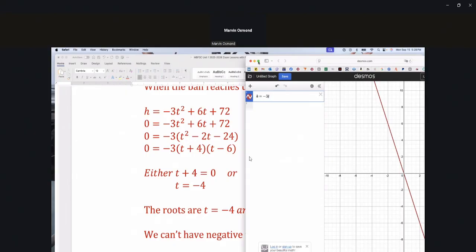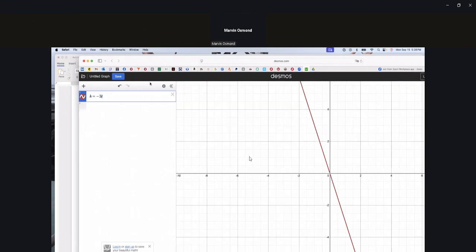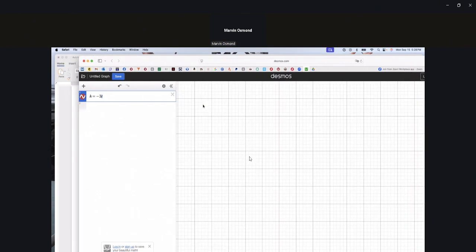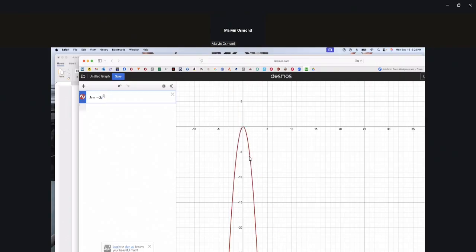Okay, I'm going to maximize this for now. -3t, shift number 6 to get the square, -3t squared.